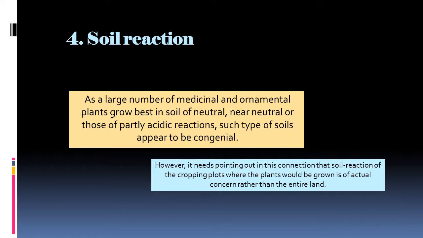Besides, the reaction of the soil can also be changed to bring it to a suitable pH value by judicious application of amendments like lime, gypsum, sulfur dust, etc. Enhanced soil reaction could not be regarded as a serious bottleneck unless the soil is persistent with much of lime nodules, black alkali, etc.